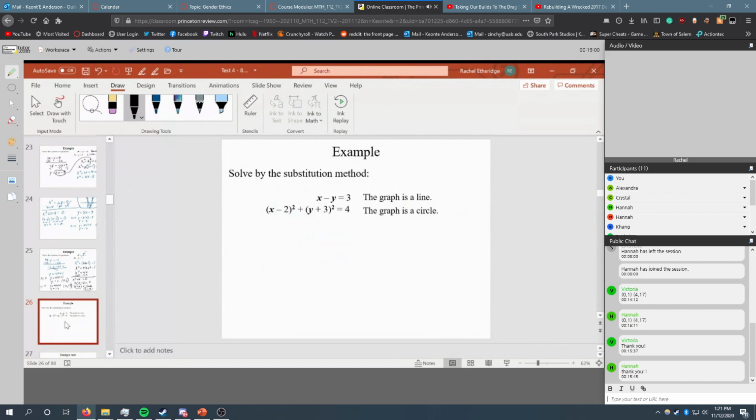So what I'm going to do is take equation 1, which is the linear equation, because I just have an x and a y to the first power. And I'm going to solve it for y again, just because I tend to solve things for y rather than x, but you could solve for x too.